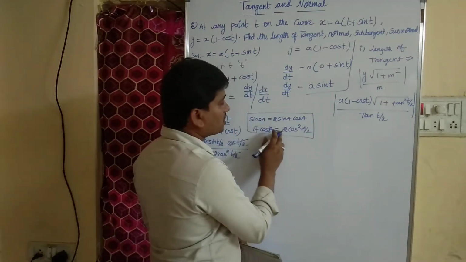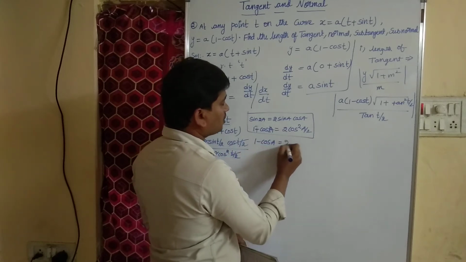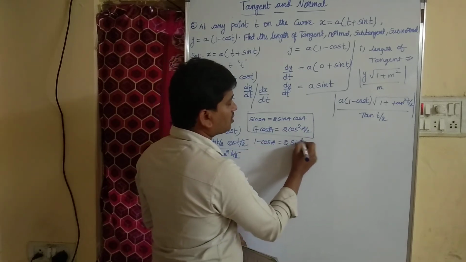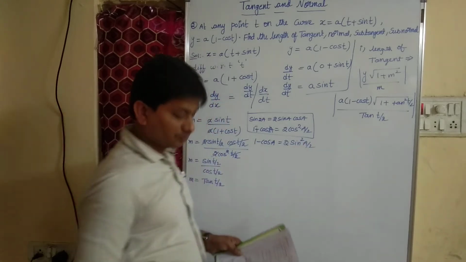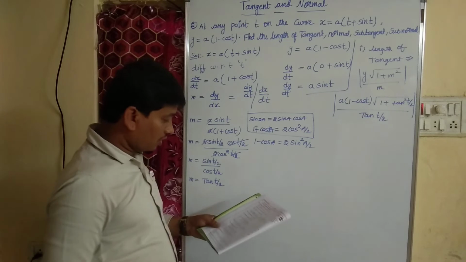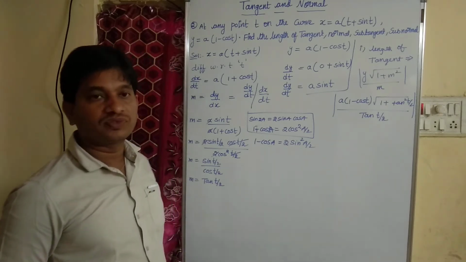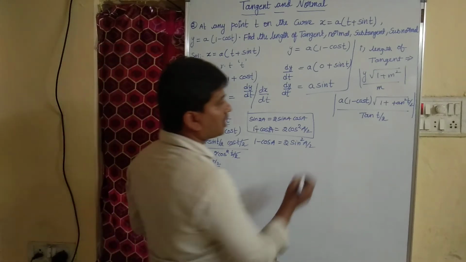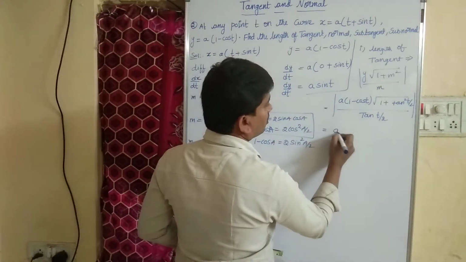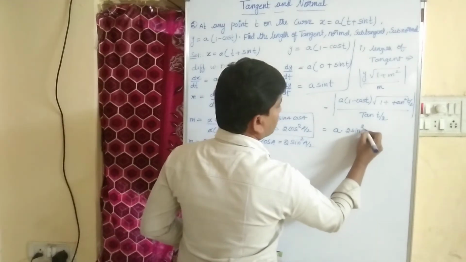As 1 plus cos a we can write as 2 cos square a, 1 minus cos a we can write as 2 sin square a by 2. So 1 minus cos t I can write as 2 sin square t by 2.